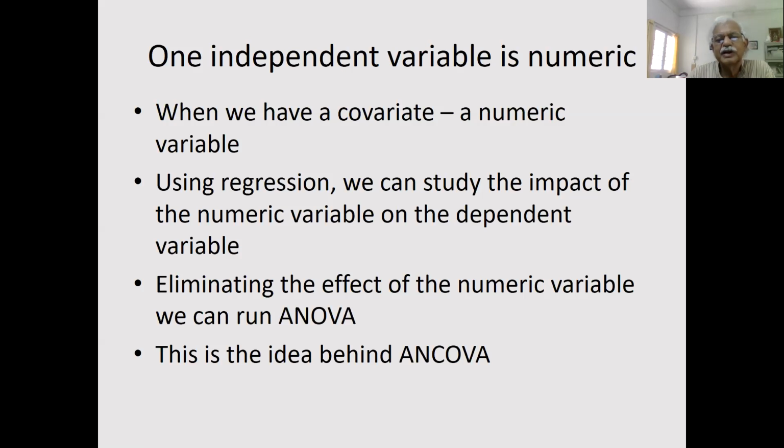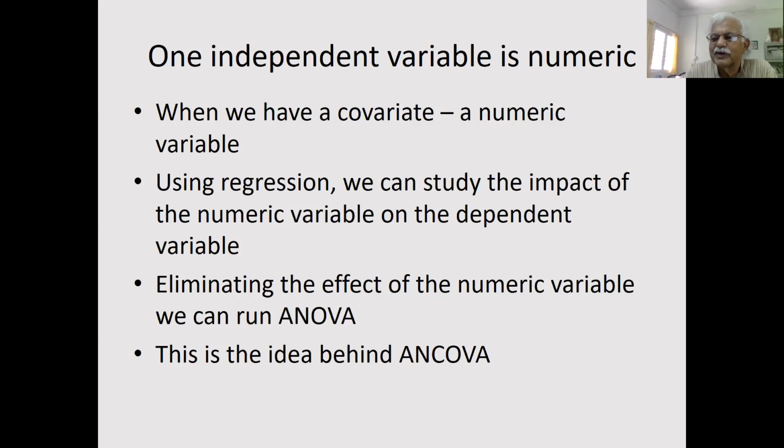ANCOVA differs from ANOVA with two independent variables in the sense that first we take out the effect of age. We fit a regression model, a regression of anxiety scores on age.